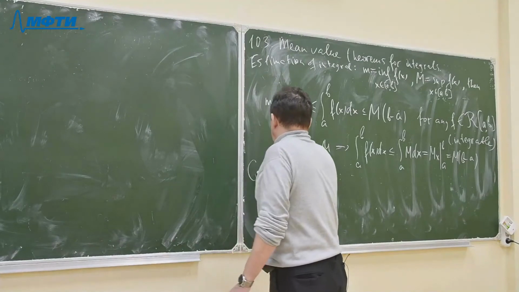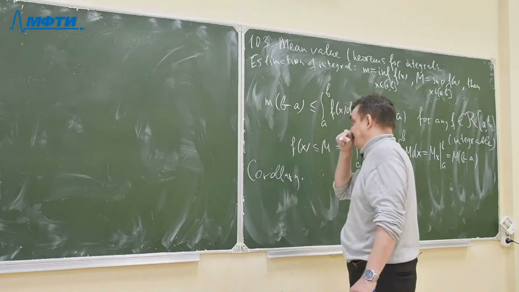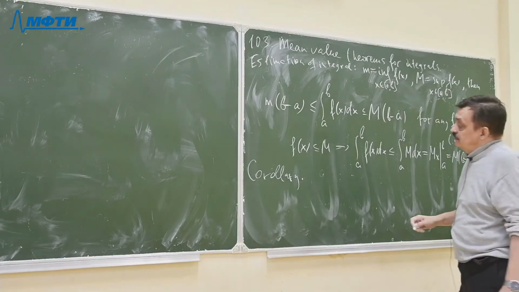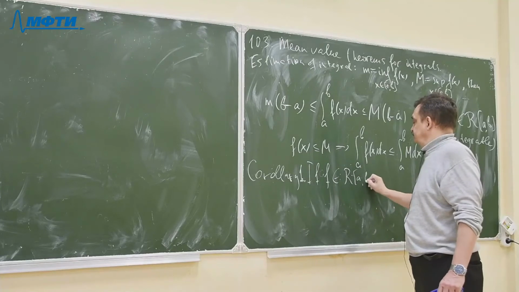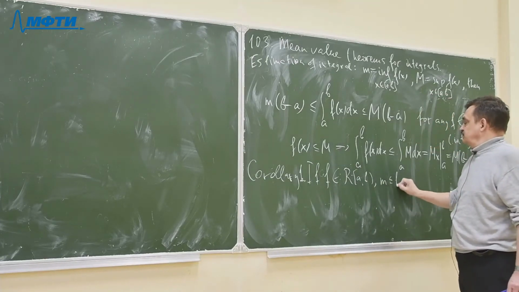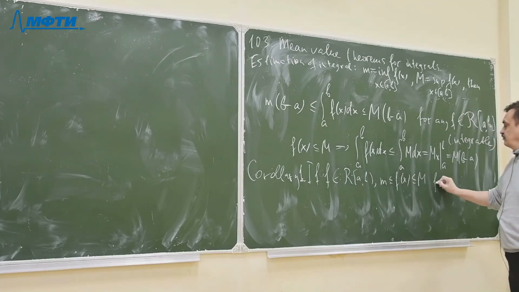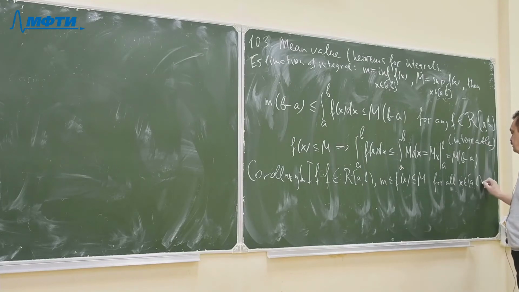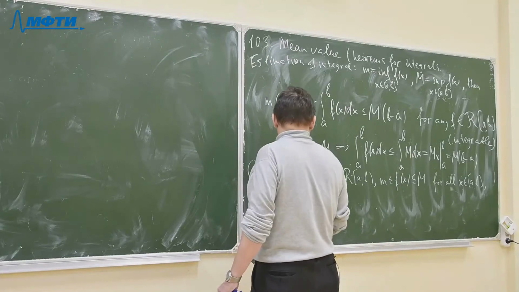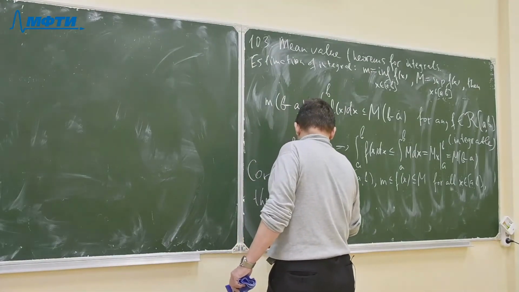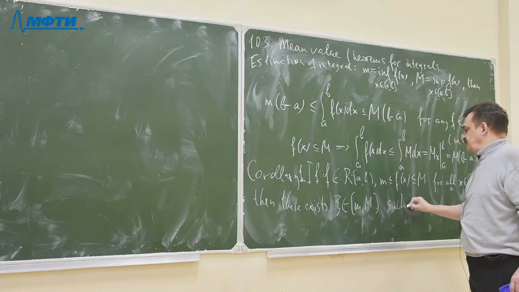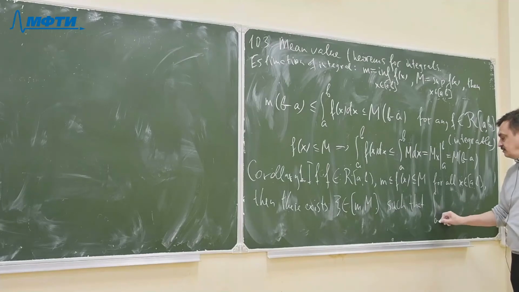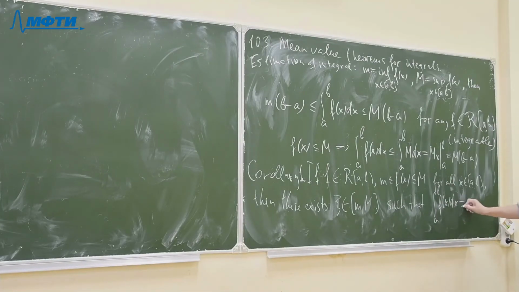A corollary of the estimate: if f is Riemann integrable, and m less or equal f of x less or equal capital M for all x in AB, then there exists psi in the interval such that the integral from a to b of f of x dx equals psi times b minus a.